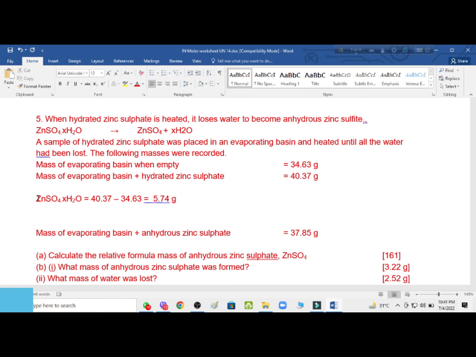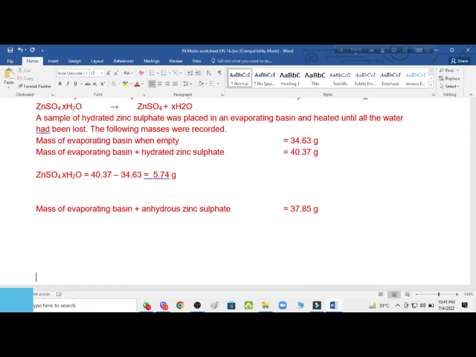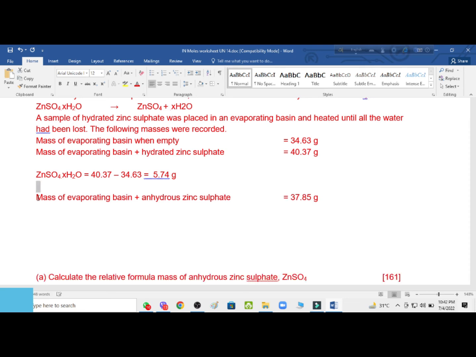Okay, next. Another piece of information, mass of evaporating basin and anhydrous zinc sulfate. Look at this. Here you get mass of two things. What are these two? The container and dry salt, dry zinc sulfate.